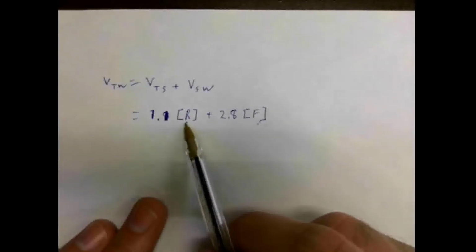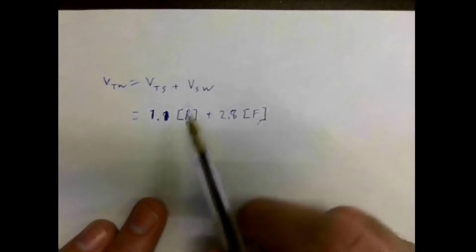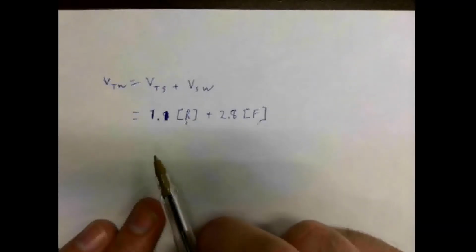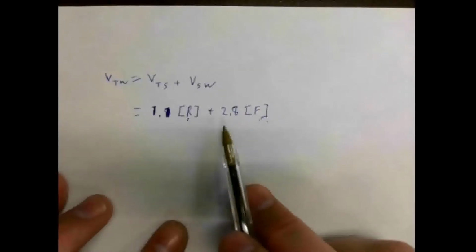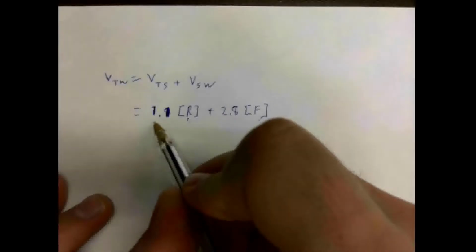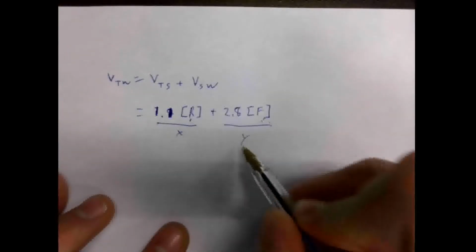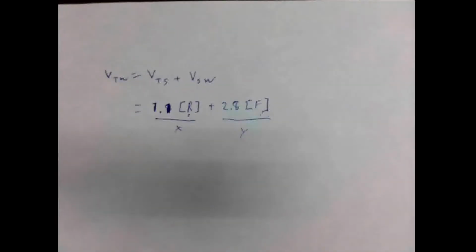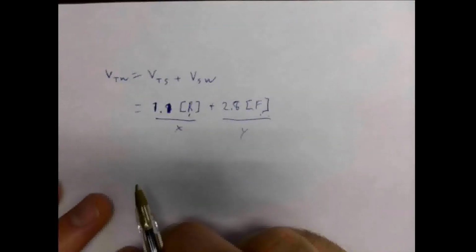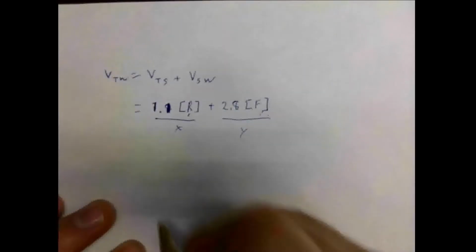But there's no way I can turn this right into a forward, or into a backward. So what happens in this case, because one of these is entirely in the x, our horizontal, and one is entirely in the y, our vertical, we're going to turn this into a vector addition problem.